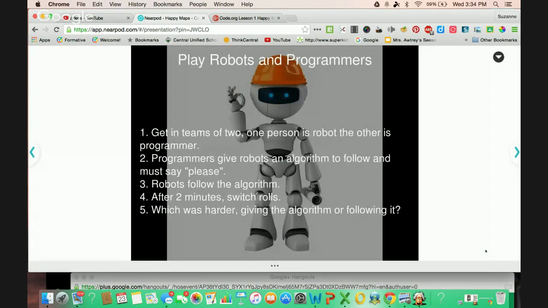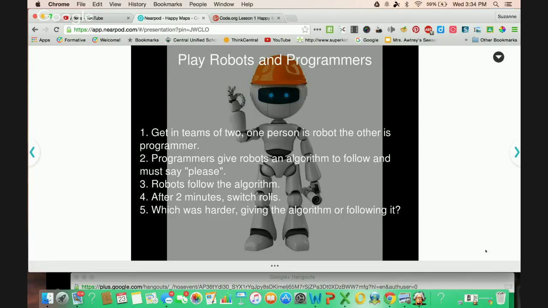So now I would like to see who knows our fancy word, Chunky's fancy word, algorithm, and what it means. And if you do, you're going to get to play our game, Robots and Programmers. The rules of the game are this. There will be two people playing.